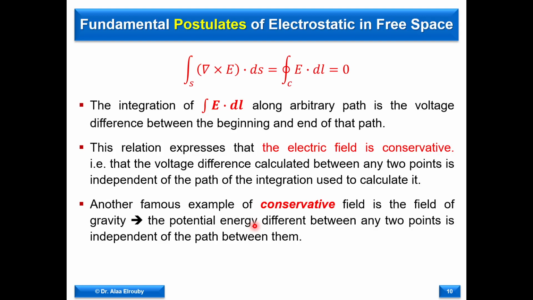If you go by elevator, or if you go from the first stair, then the second stair, it doesn't matter how you reach the point on the first floor. So the path is not important. What is important is the starting point and the end point, and this kind of field is called a conservative field. The potential difference between 2 points depends on their position, not on the path you take from one point to the other, similar to the potential energy.